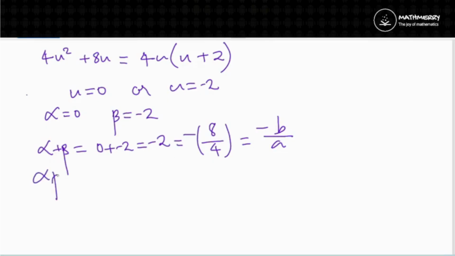Now alpha into beta, we have 0 into minus 2, which is 0 itself. Now we don't have a constant term here, so our constant is 0. So we can write this as 0 by 4. It will still be 0. So this is c by a. This is also verified.